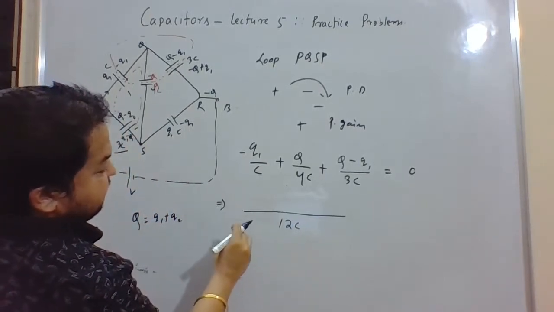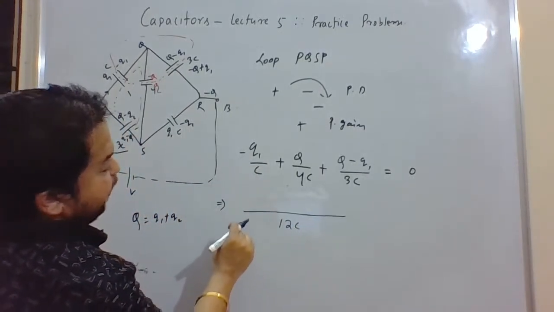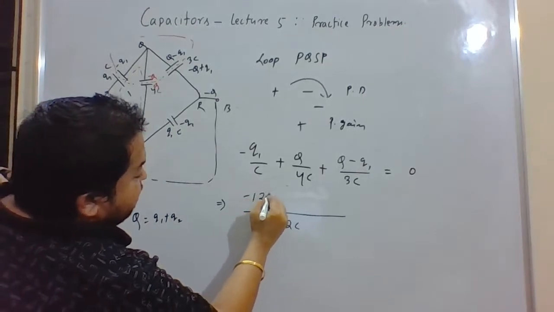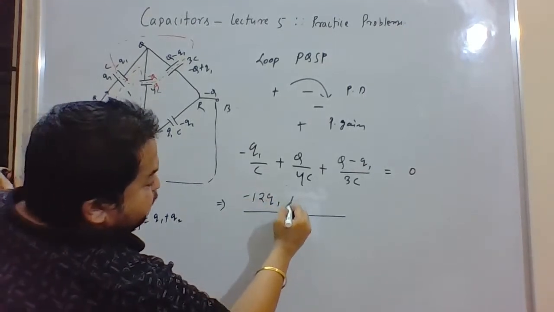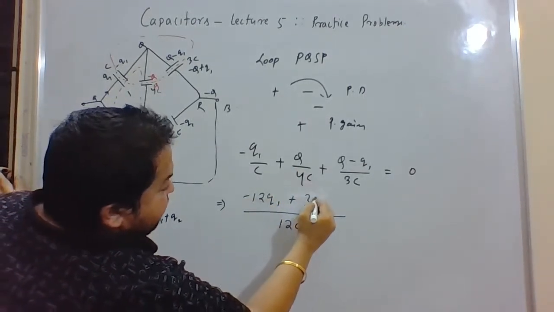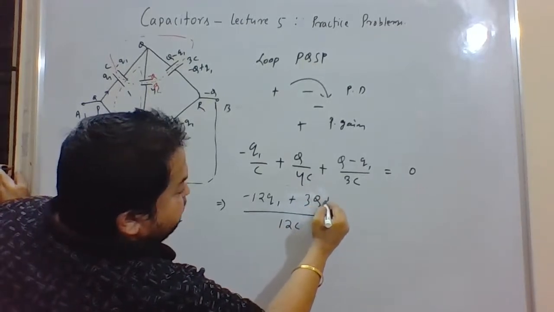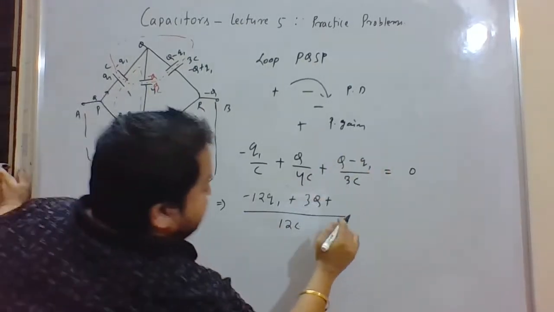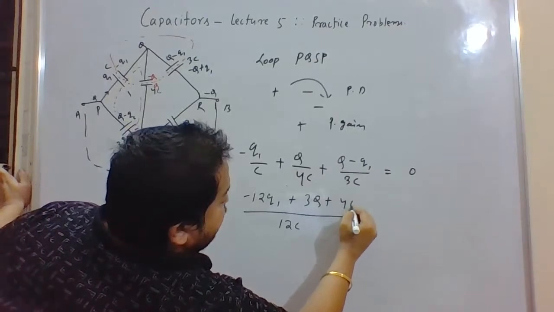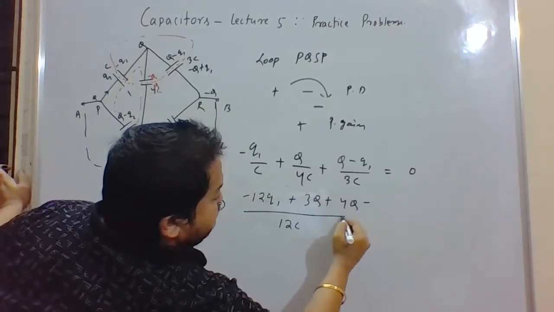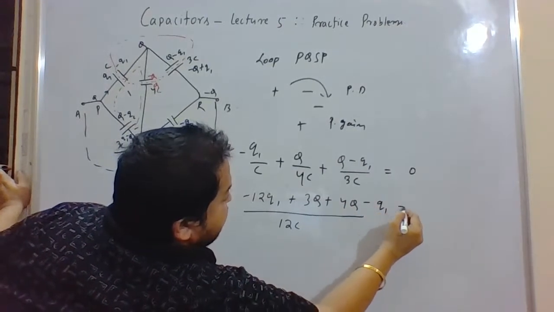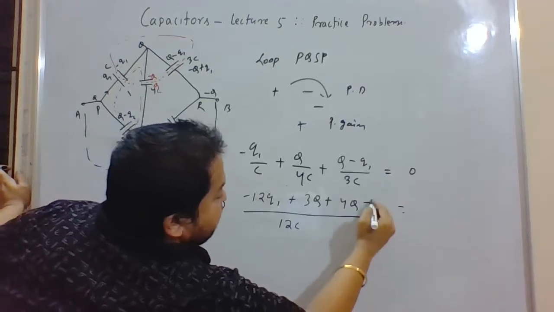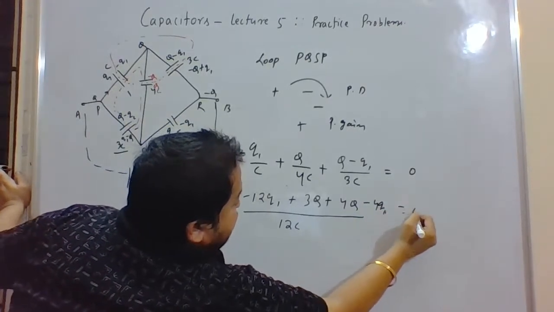If 12C is the LCM, this one will be minus 12Q1 plus 3Q plus 4 into this much. So 4 into this much is plus 4Q minus 4Q1, equal to 0.